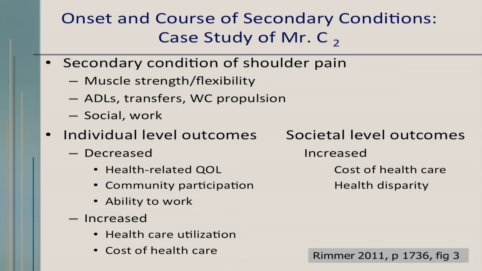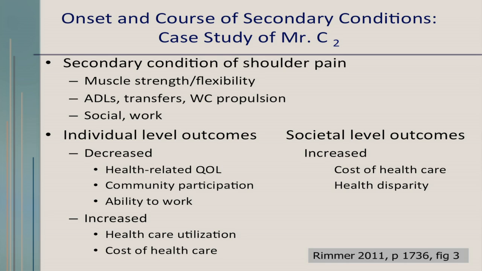So when we look at his secondary condition of shoulder pain, and we look at it from the body structure and function standpoint, we're looking at his muscle strength and being able to strengthen his available muscles. And then also, if he has developed some flexibility issue related to his overuse and or pain, we can help him to become maybe more flexible as well through exercise.